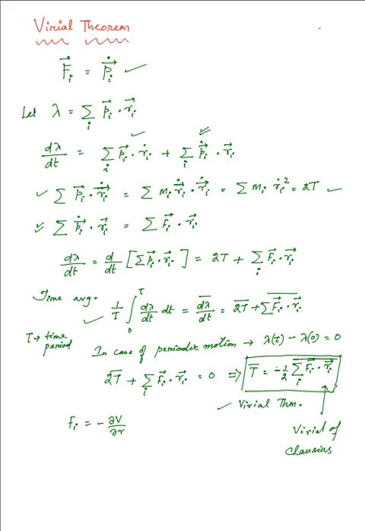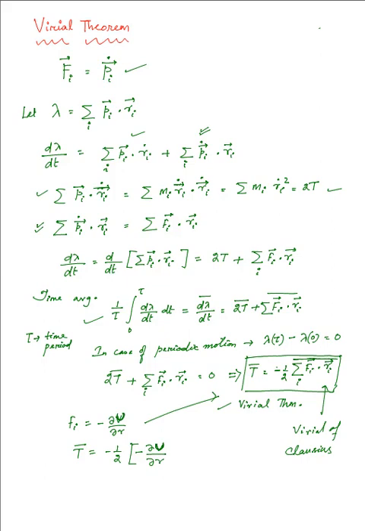As a result, if we apply this to this case over here, we are going to end up with T bar equal to the negative half, which is always there, and for F, the conservative force, we are taking del U, the potential energy, del U over del r. It's not V, we are taking it as U.